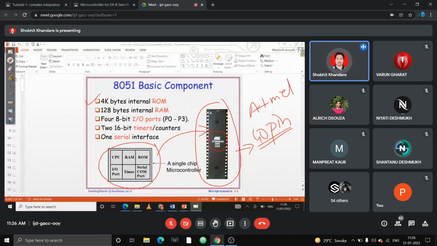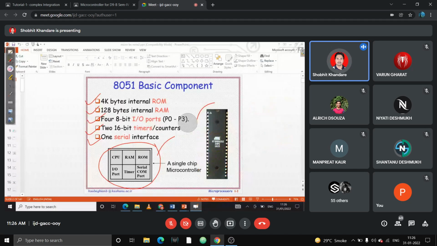Like it has 4 kilobytes of internal ROM, 128 bytes of internal RAM, four 8-bit IO ports, port 0 to port 3, so P0 to P3. Then it has two 16-bit timer and counters, and one serial interface. So this we have already studied in the block diagram.